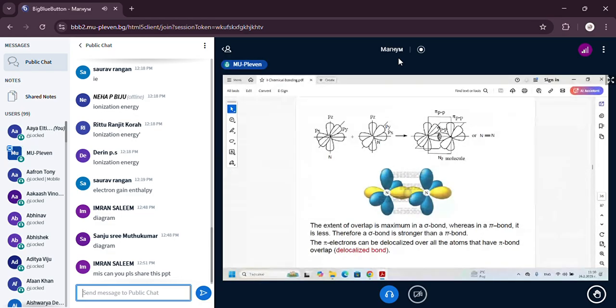By end-to-end overlapping, sigma bond is formed. And by sideways lateral overlapping, two pi bonds are formed. This is sigma bond. This is one pi bond between these two p atomic orbitals, and this is the second pi bond.